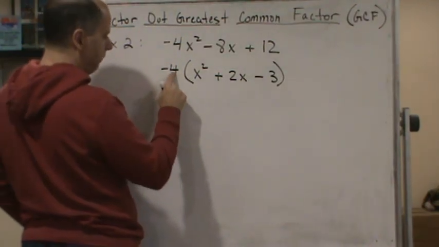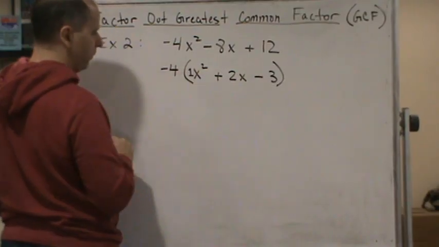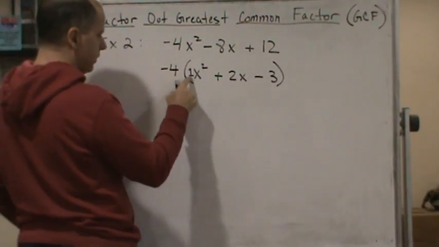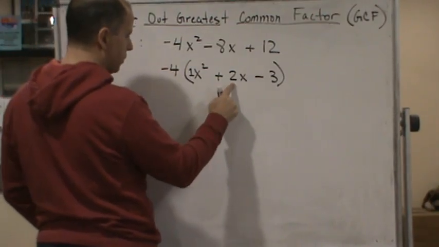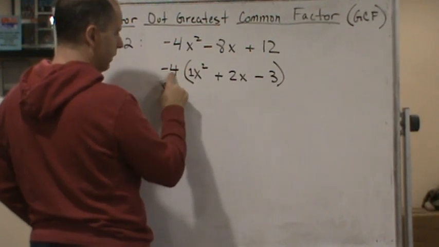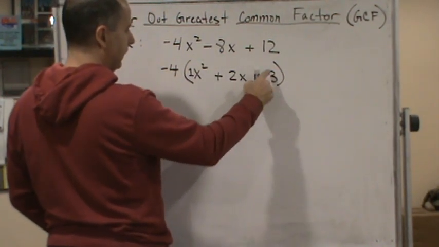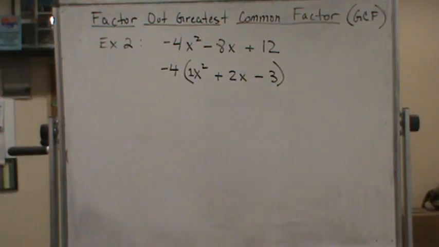If I take negative 4 times 1, because remember there's an assumed 1 here, negative 4 times 1 equals negative 4. Negative 4 times 2 equals negative 8, so minus 8. And then negative 4 times a negative 3 gives me a positive 12, which is exactly what we started with, okay?